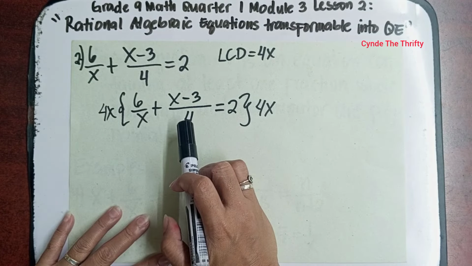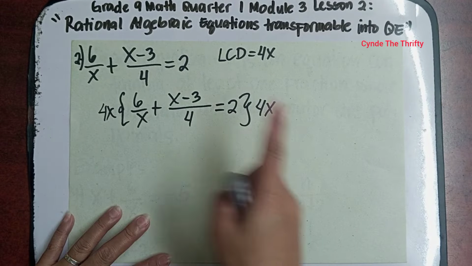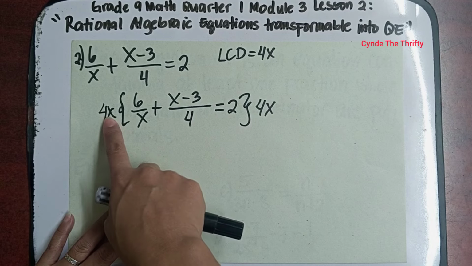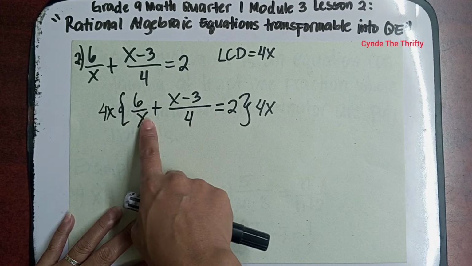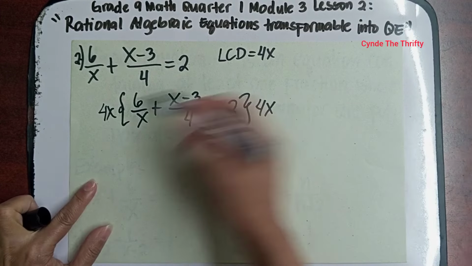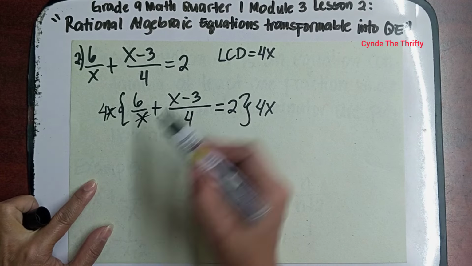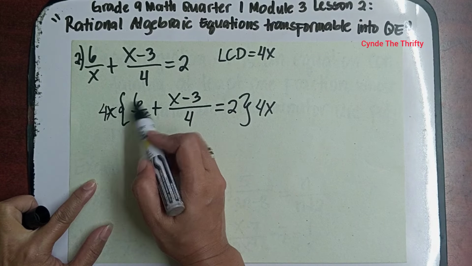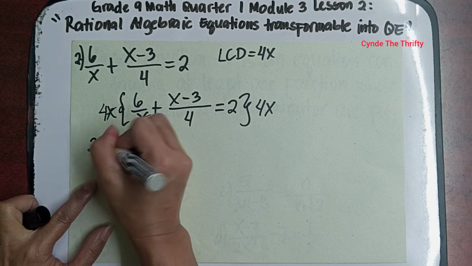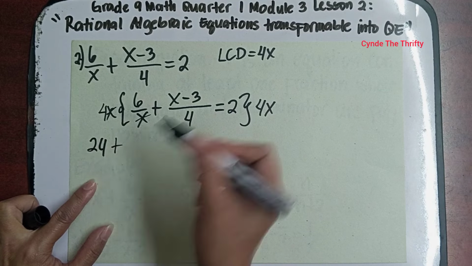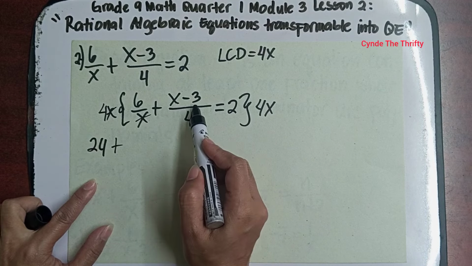Gaya ng sabi ko kanina na i-multiply natin each term sa ating LCD. So 4x multiplied by 6 over x. So pwede nating i-cancel si x dito. Cancel x. So si 4 na lang yung naiwan at si 6. So 4 times 6 is equal to 24 plus 4x, i-multiply naman natin sa second term.